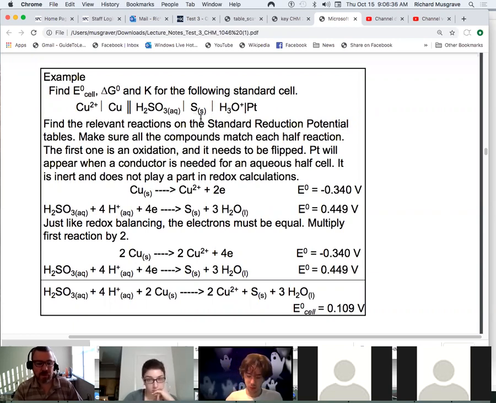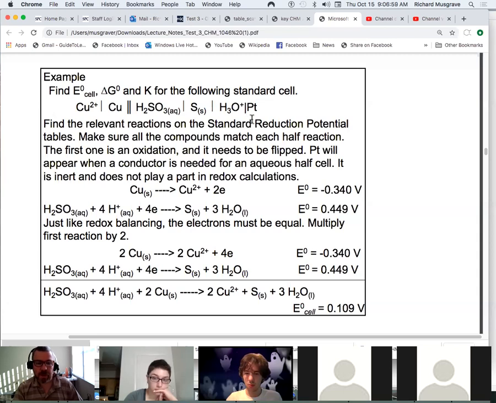Now, solid sulfur is not a conductor. It's an insulator. It's a non-metal. So I can't use that as an electrode because it can't carry electrons. In order to carry the electrons into this side of the solution, I'm going to have to use a platinum wire. I choose platinum because platinum is a fairly inert metal and it's not going to react with anything.